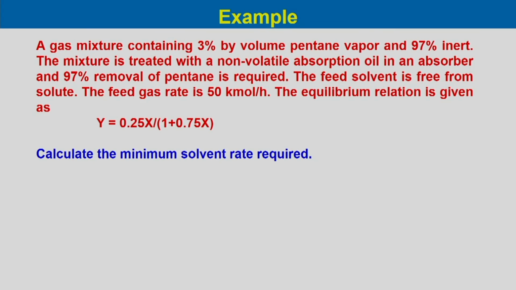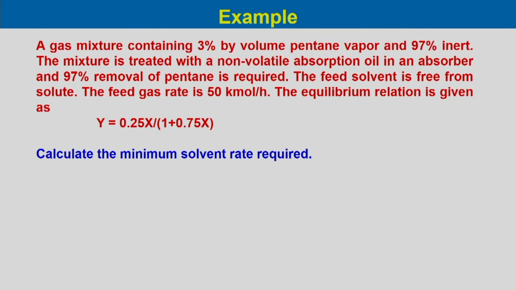Now, let us take a small example. A gas mixture containing 3% by volume pentane vapor and 97% inert. The mixture is treated with a non-volatile absorption liquid oil in an absorber and 97% removal of the pentane is required.